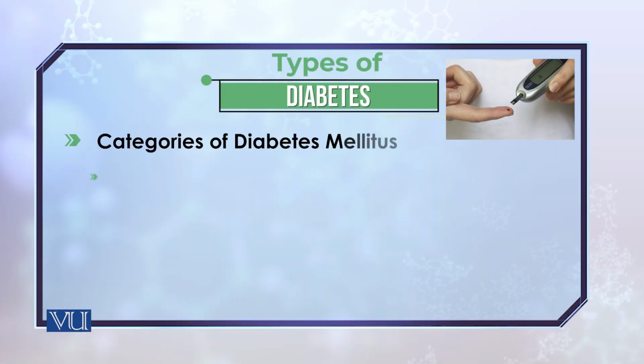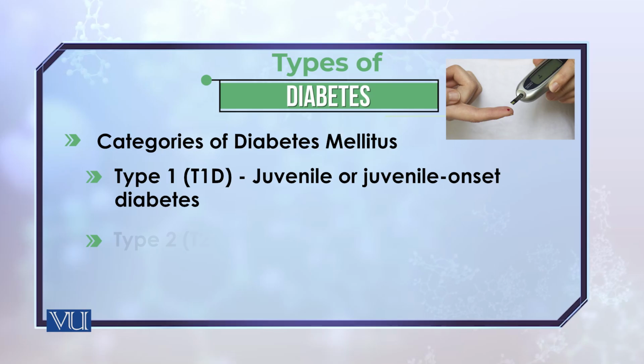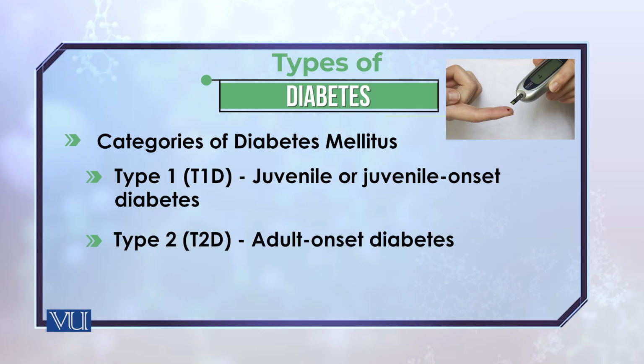You all know type 1 diabetes, type 2 diabetes. Type 1 diabetes is juvenile, which occurs in young people, and type 2 diabetes occurs in adult people. That's why the 1 and 2 refers to 1 being in the young people and 2 being in the adult people.